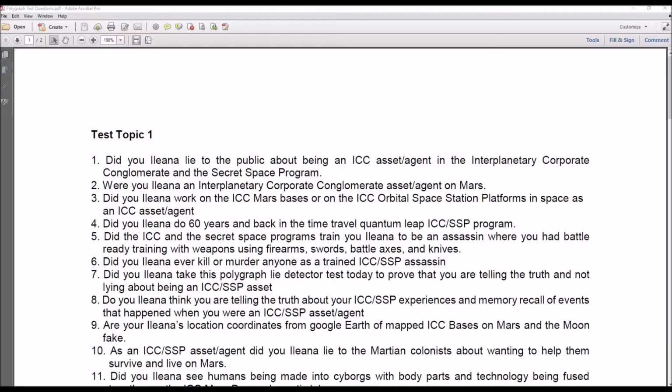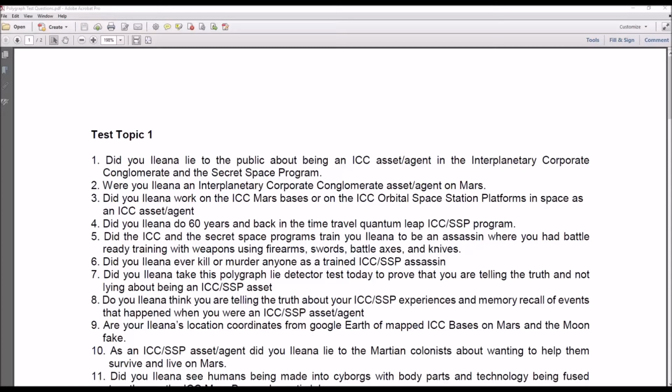And the test is usually divided into 3 different topics, and each topic has to have the same type of question set. If topic number 1 is about the SSP and the ICC, all the questions have to pertain to that.